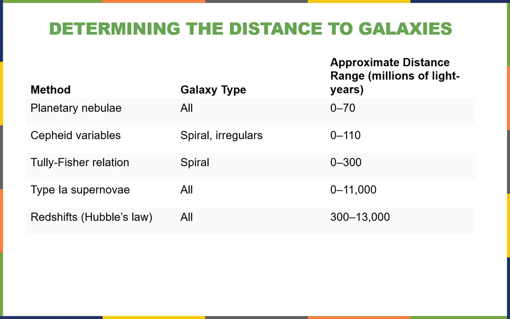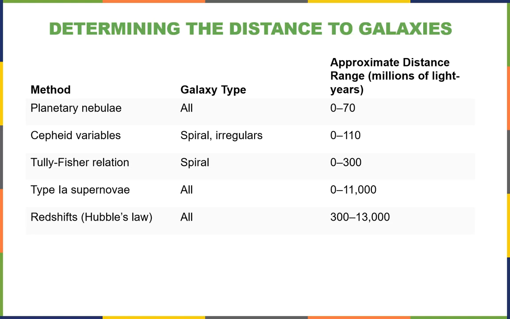Those are typically about the same brightness, about the same luminosity. You find a planetary nebula and you measure its brightness, and if you know its luminosity, then you can calculate the distance using our difference between absolute and apparent visual magnitude equation. So that's the first method, and that works for stars within 70 million light years.